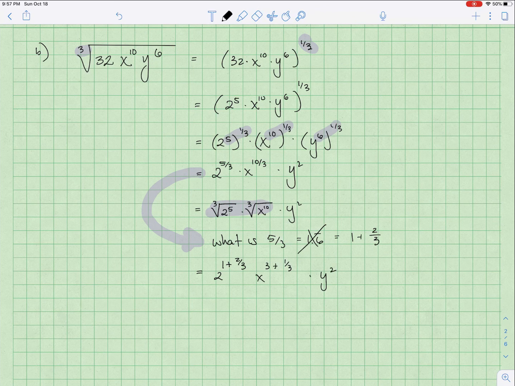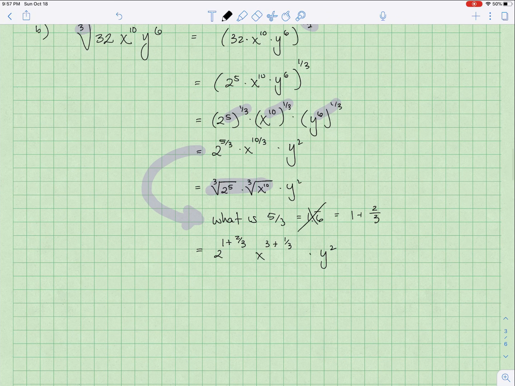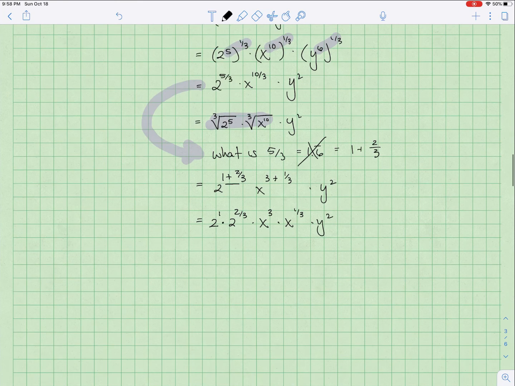And then, of course, we have y squared. Now, the reason it was beneficial to do that is because we have an exponential rule that says when you add the exponents, that's the same thing as multiplying the following bases. 2 to the 1st times 2 to the 2/3 times x to the 3rd times x to the 1/3 times y squared.